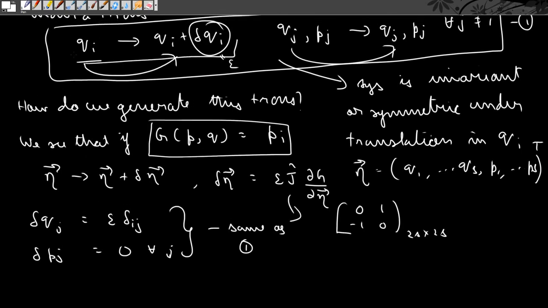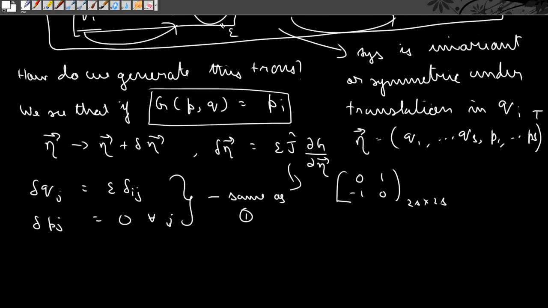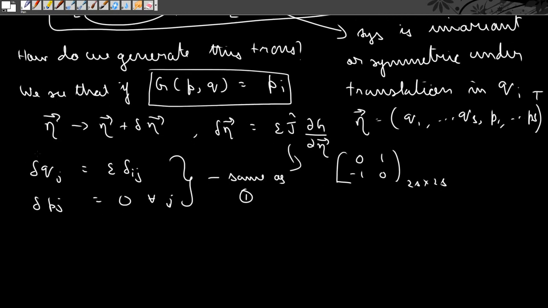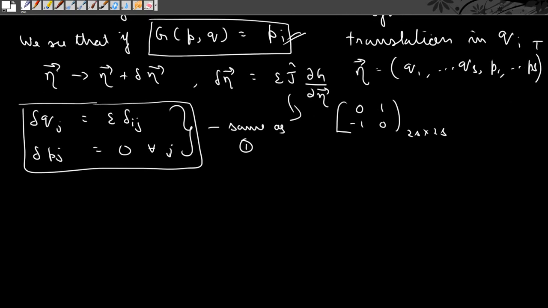So this is basically an infinitesimal translation along qi, and for j not equal to i it is going to be 0, which corresponds to this part of the transformation. So the transformation generated by this function is the same as the transformation defined in equation 1. Therefore this is the generating function for the above transformation.